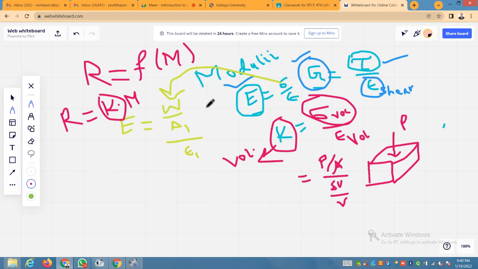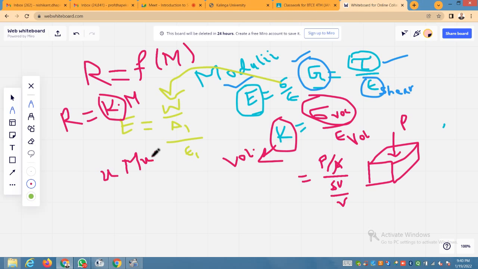In the same way, to establish the relationship between E, G and K, we have to introduce one constant. The abbreviation is mu.